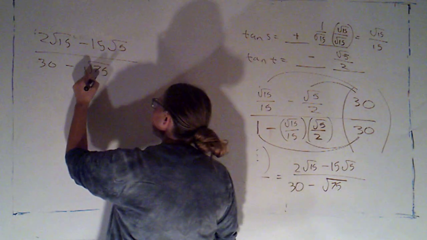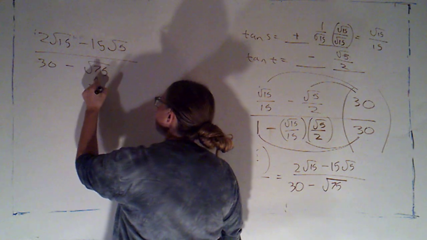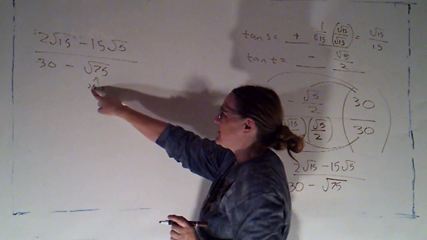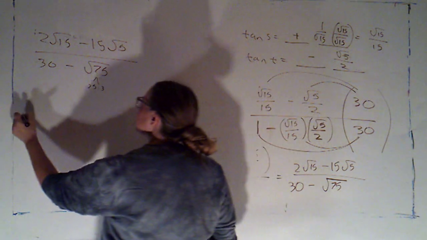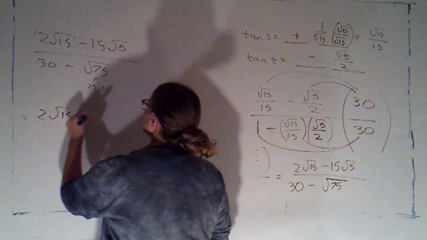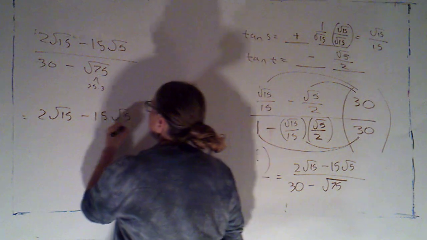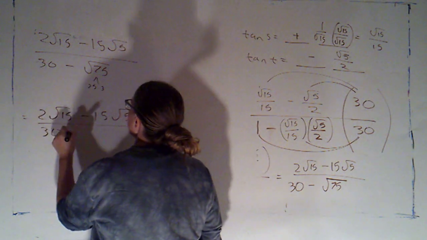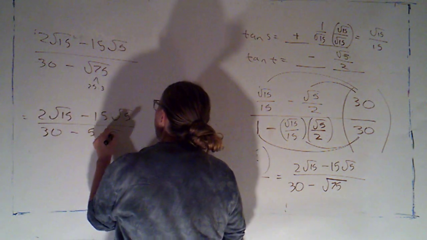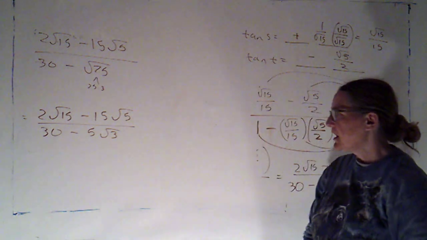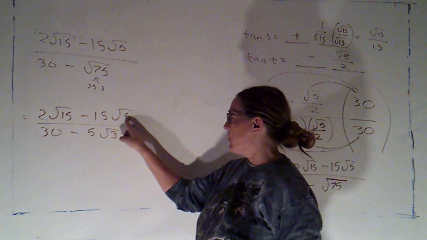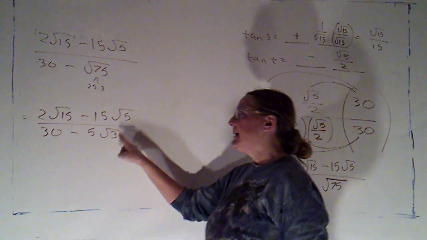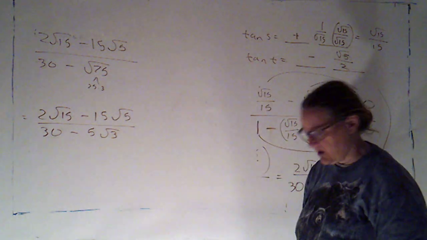Because notice, that's just 25 times 3. So, and 25 is 5 times 5, or 5 squared. So I can say, okay, this is 2 root 15 minus 15 root 5 over 30 minus 5 root 3. So now, all of my roots are simplified. I can't pull anything out of any of those roots, but I still have a root in the denominator.